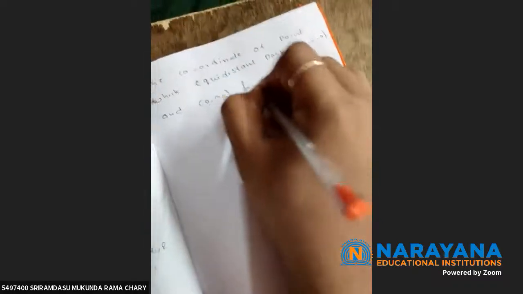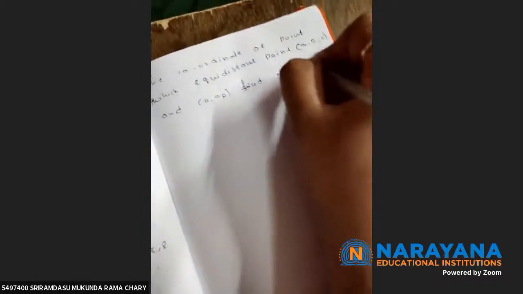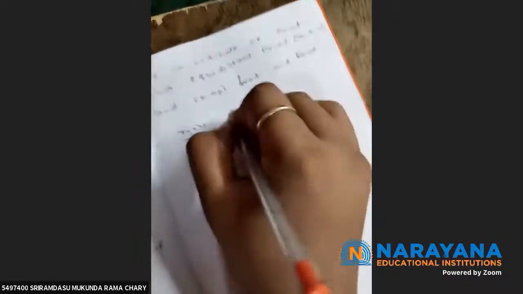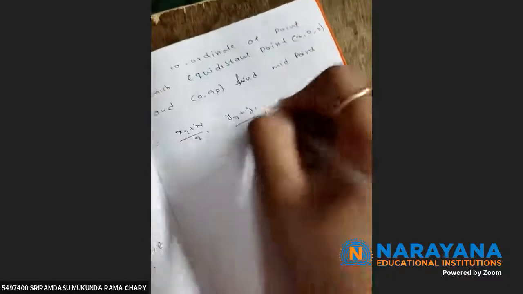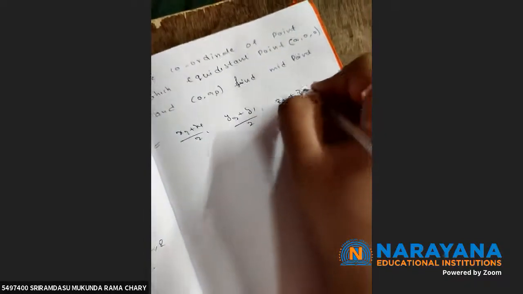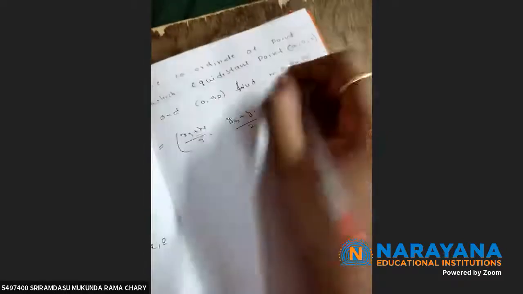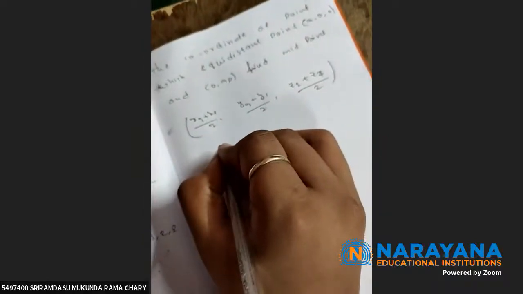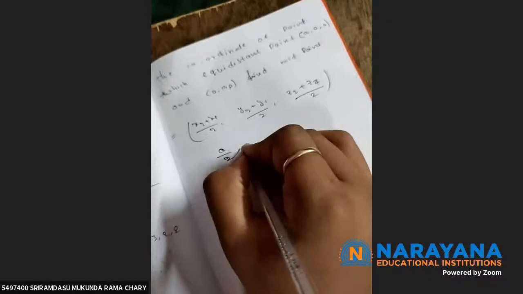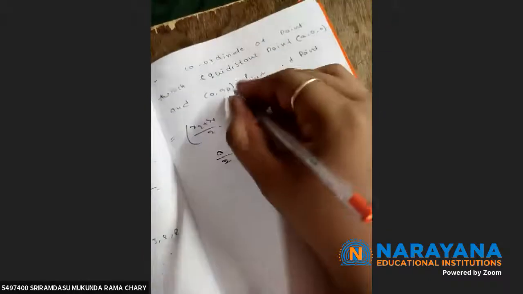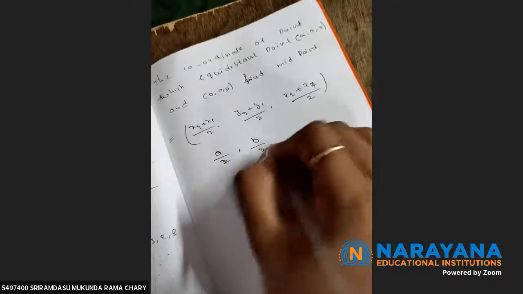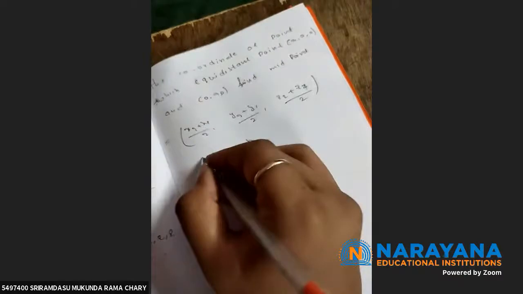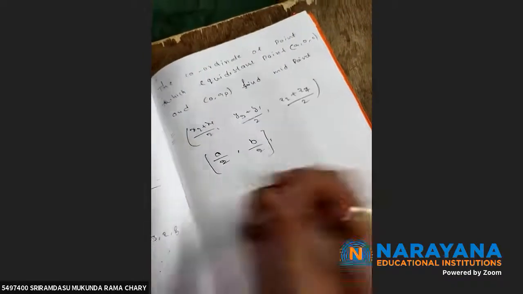Find the midpoint. The formula is x2 plus x1 by 2 comma y2 plus y1 by 2 comma z2 plus z1 by 2, and apply the values. Here x2 is a, x1 is 0, so a by 2 comma, and y2 is 0, so it's b by 2 comma, and z1 is 0, z2 also 0, so 0 by 2 is 0 only. This goes to a by 2, b by 2.